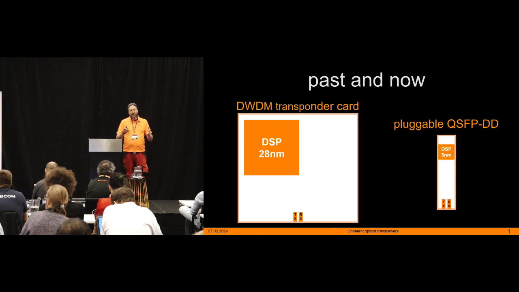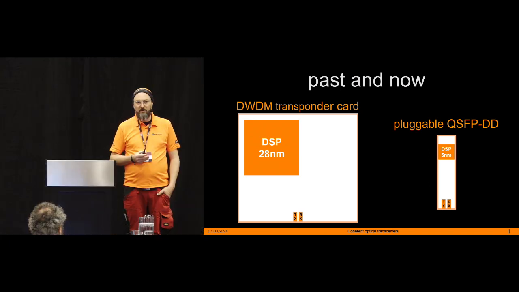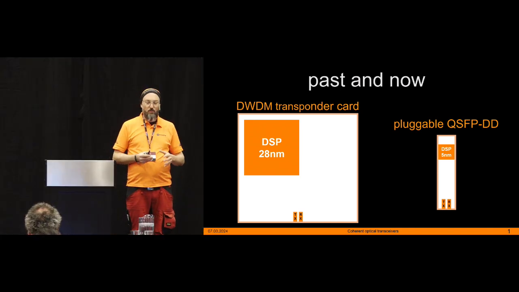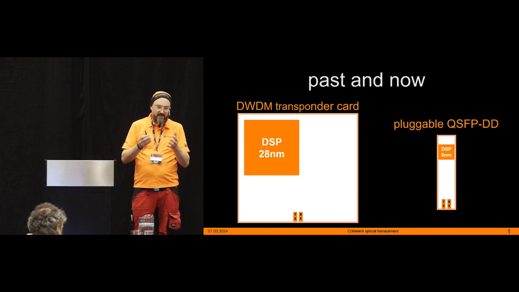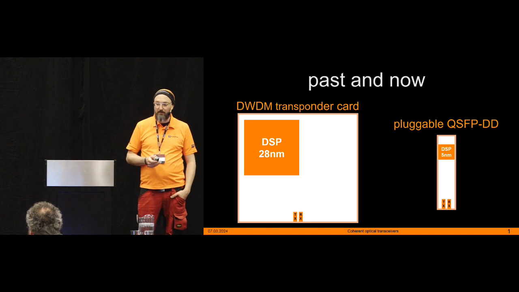And now we are able to really shrink it down to a really nice size to fit it on a QSFP-DD form factor, which is pretty amazing actually. So the DSP is now built in either 7 or 5 nanometer technology, and it's really, really small. And that's mainly the thing I want to talk about today, this DSP.